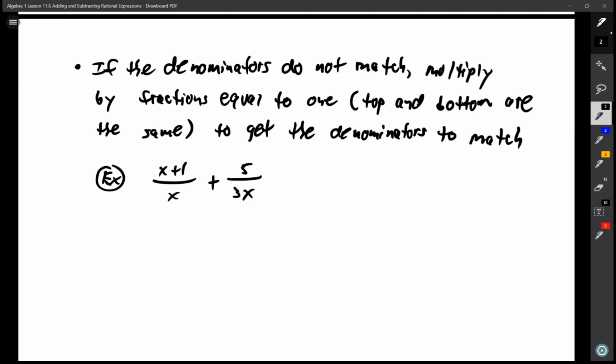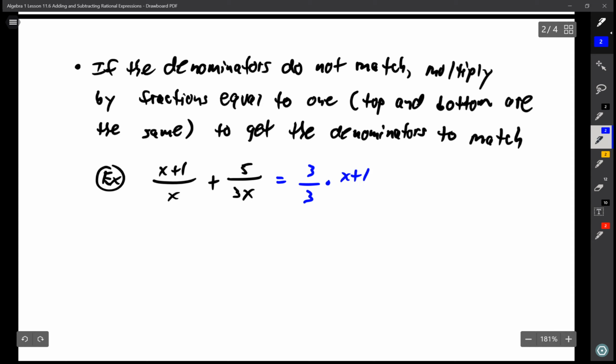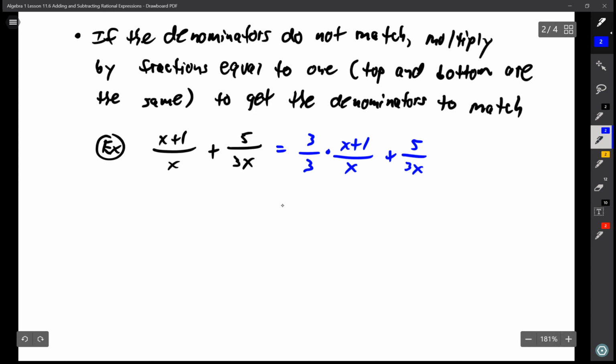And then if I multiply it by 3 over 3, the 3 in the bottom makes this denominator become 3x, which then matches that one. So that's going to look like 3 over 3 times x plus 1 over x plus 5 over 3x. Okay, now we have to distribute.